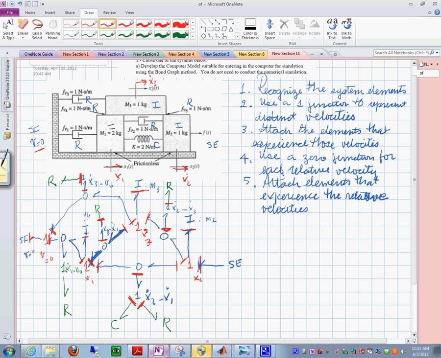Now, if you want to simplify this, which I also really do not encourage you to do, because you might lose a little bit of the interpretation of the graph, relating the graph to the real system. So the thing to do here, if you want to experience the reductions a little bit in here, I would do this.